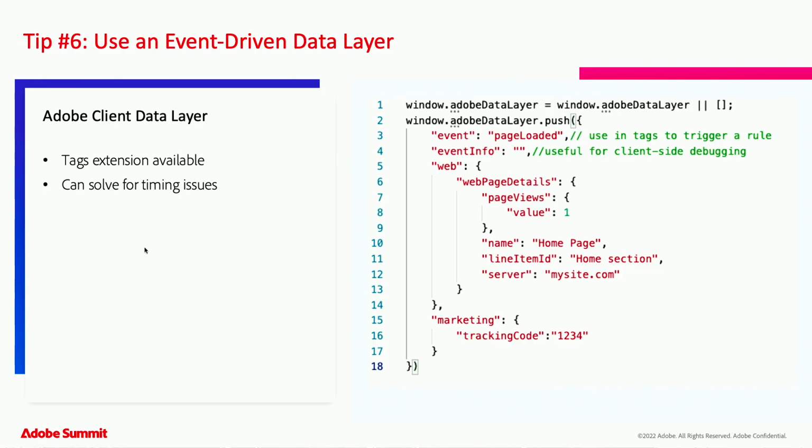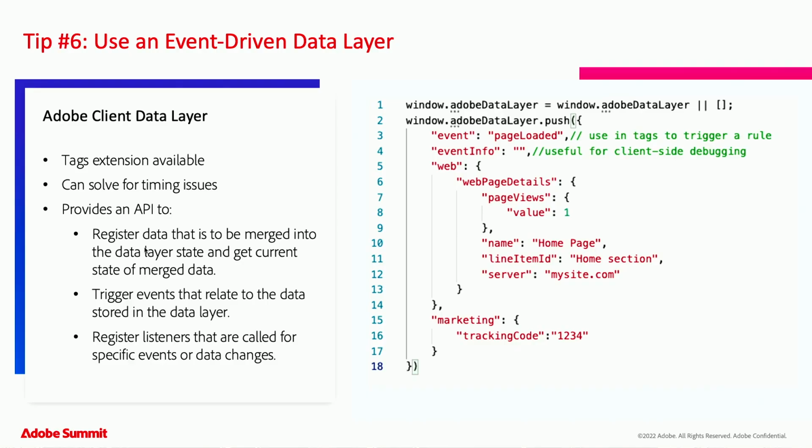What we have here in this little bit of code, and I'm really sorry that I'm making you look at code. Eat your vegetables. This is an example of that kind of push activity that I mentioned, where in this case, the Adobe data layer already exists on the page, and we're just pushing data into the page. And at the very top, you can see the event is page loaded.